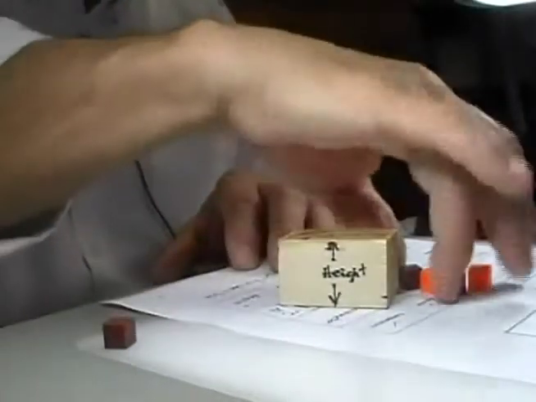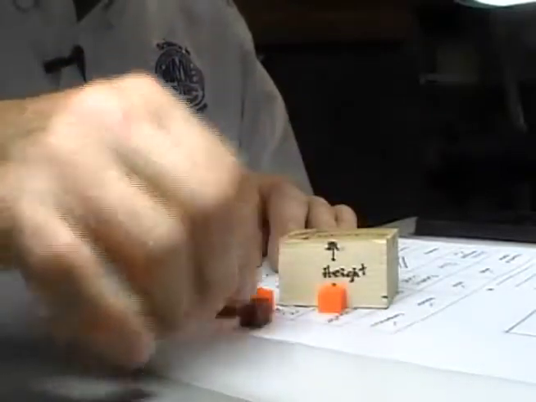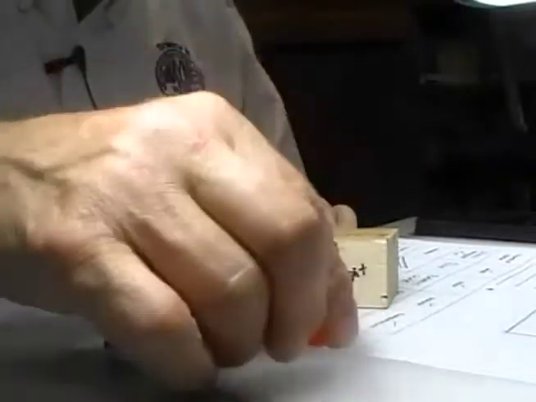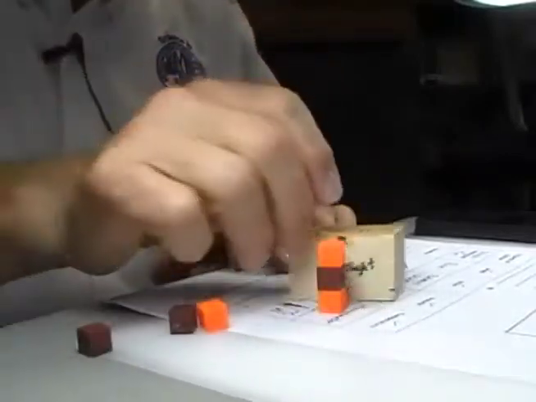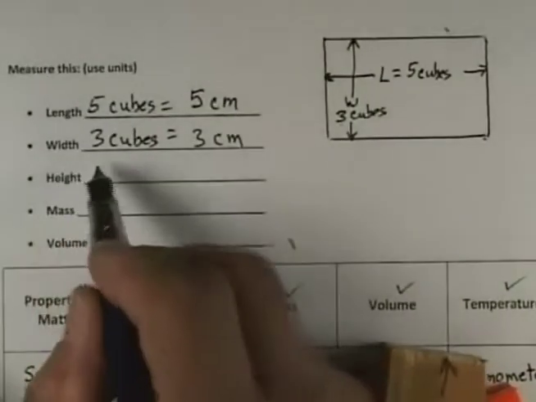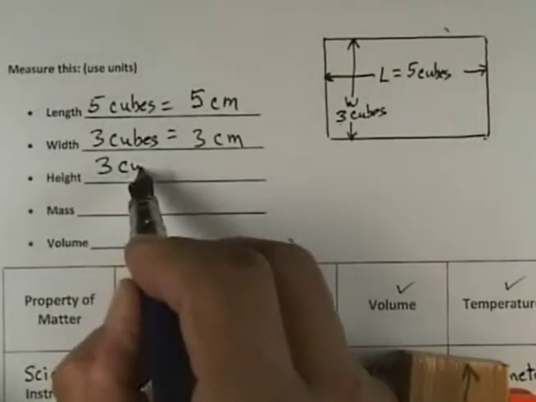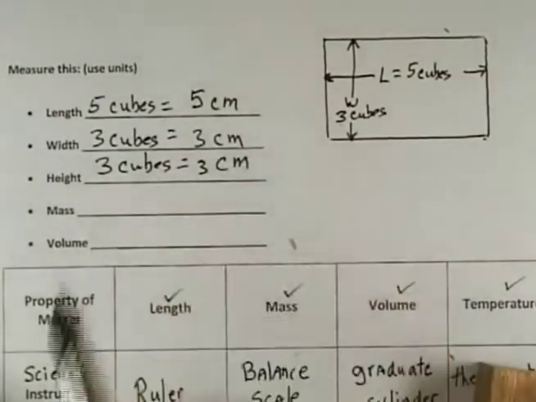So, let me use some cubes. 1, 2, 3. 3 cubes. That's how high mine is. My height is 3 cubes, which equals 3 centimeters.